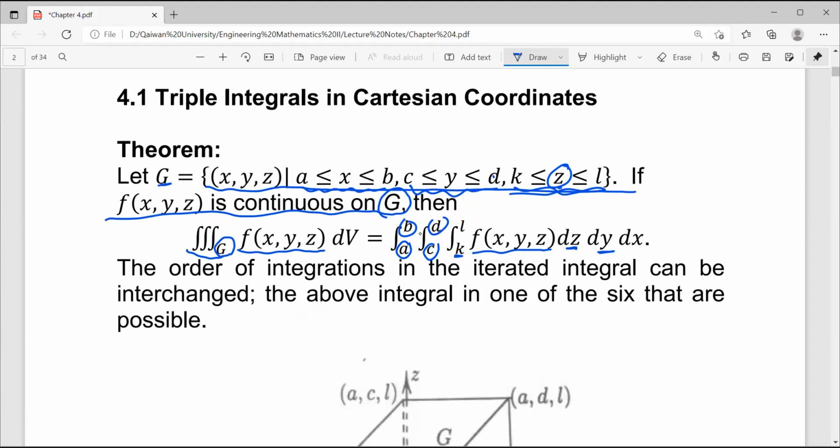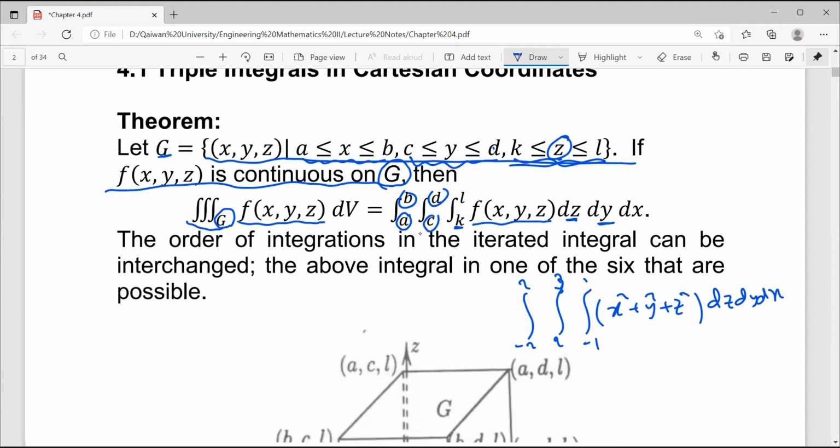For example, if we have the triple integral of, let's say, x squared plus y squared plus z squared, dz, dy, dx, with limits from -1 to 1, 2 to 3, and -2 to 2. That means z is from -1 to 1, y is from 2 to 3, and x is from -2 to 2.